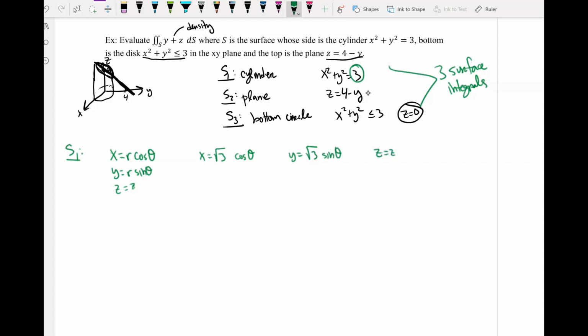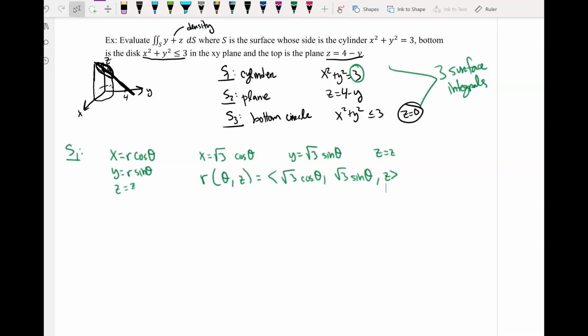If you want to think about it in terms of parameters, we have theta and z, so those are our 2 parameters, and we have square root of 3 cosine theta, square root of 3 sine theta, and then z. Now, one of the things that kind of sucks about this problem is that not everything is in x, y, z, so we can't use our formula like we did before.